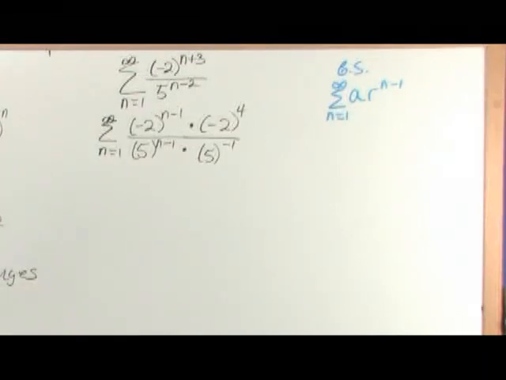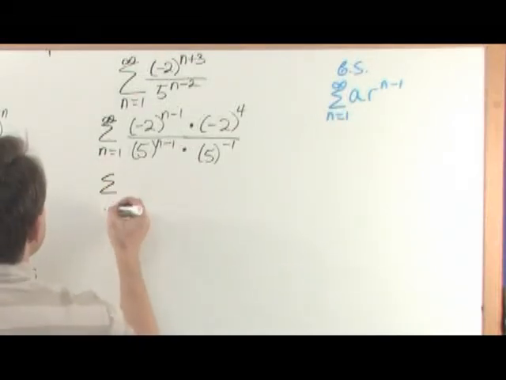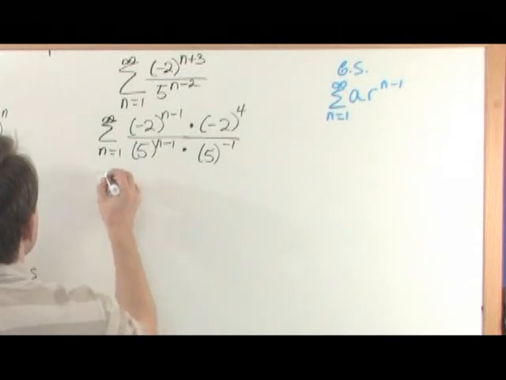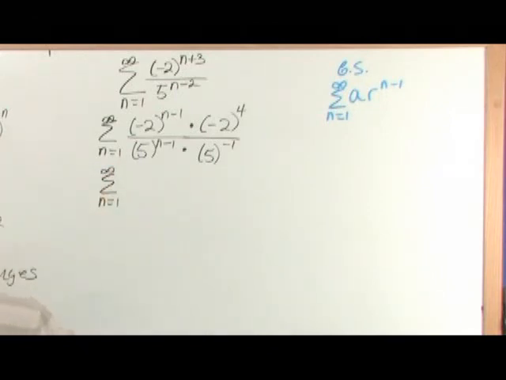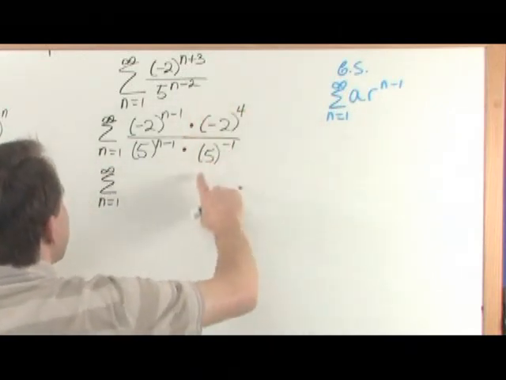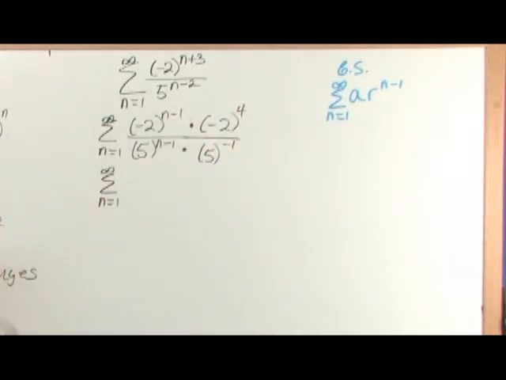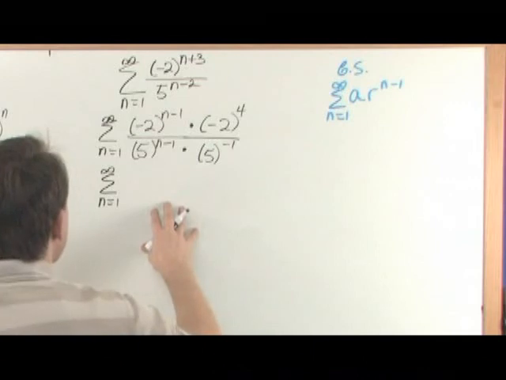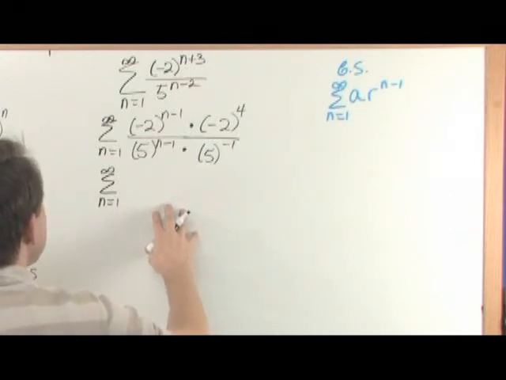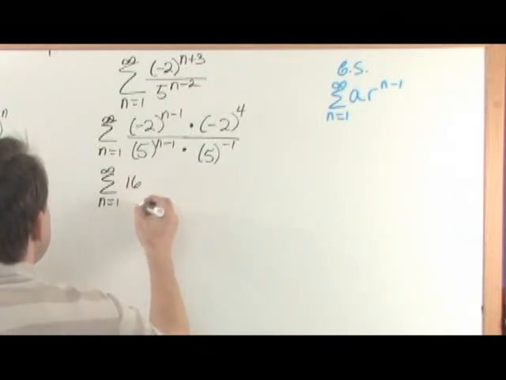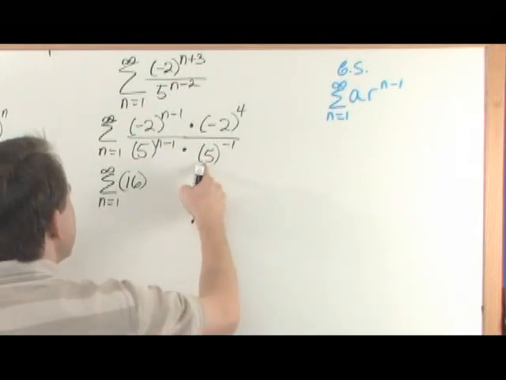Okay, now continuing on, this is going to be simplifying. n equals 1 on up to infinity. Now, this is just a number, okay? So this is (-2) to the 4th, and you have 5 to the -1 there. So what would I do here? What is (-2) to the 4th power? Well, that's going to be positive 16, so I'm going to have 16 times 5 to the -1.